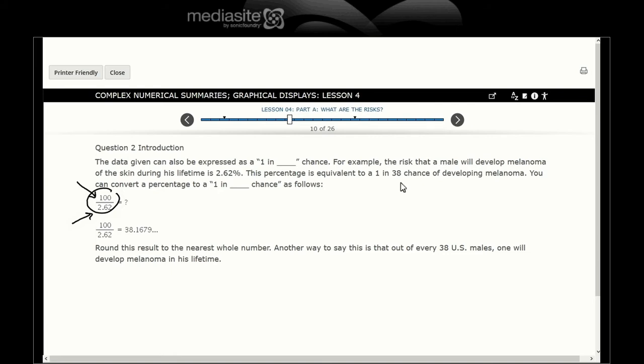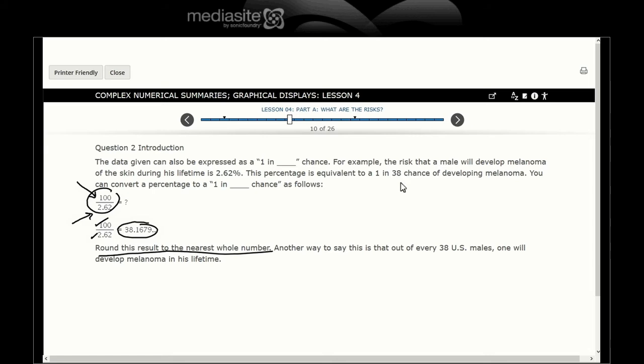We will always use 100 in the numerator, and then all we do is the math. What is 100 divided by 2.62? Use your calculator, and you'll get 38.1679. Then round to the nearest whole number.